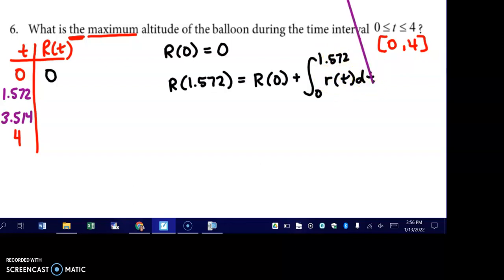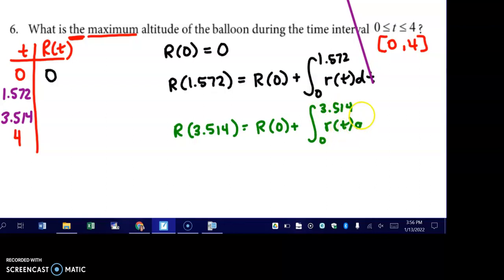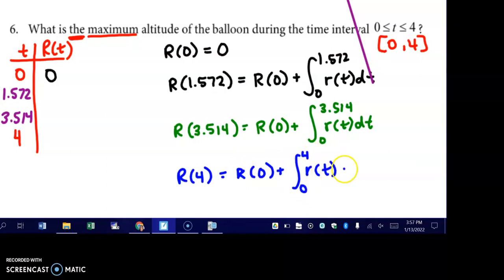If I wanted to find R of 3.514, I would say, well, where did you start? Plus a collection of all of your changes. Finally, if I wanted to find R of 4, I would find R of 0 plus the collection from 0 to 4 of r of t, right? Where you end up is equal to where you start plus a collection of all of your changes.